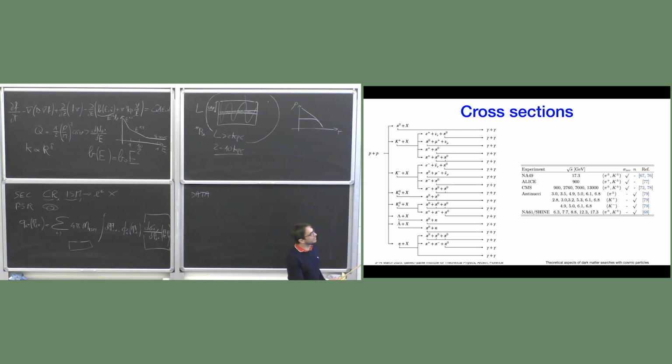Here you see the coverage of this data for center of mass energy from a few GeV up to basically the LHC energies. And so what we did with Fiorenzo Donato, Luca Usa, and collaborators, we fitted the invariant cross-section, that is E d3 sigma over dP3.